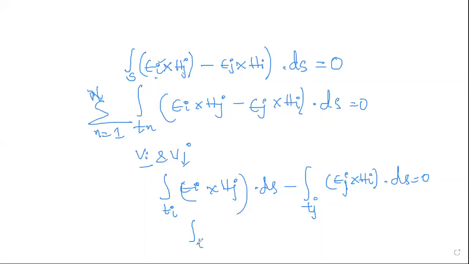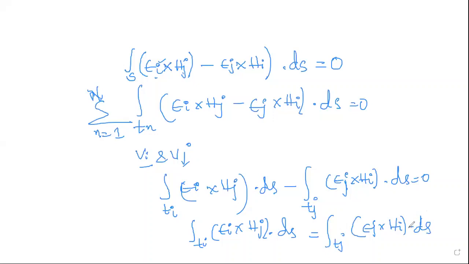Or if I write it, the integral of Ei cross Hj dot ds is equal to Tj times the integral of Ej cross Hi dot ds. This is one equation you get.